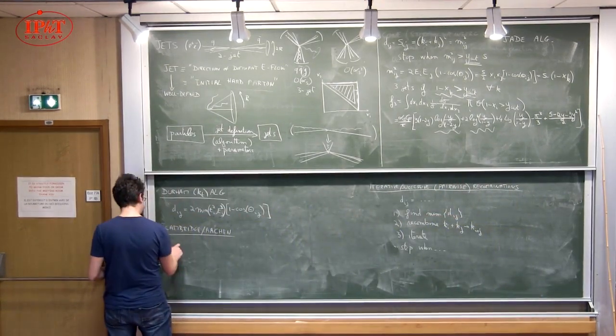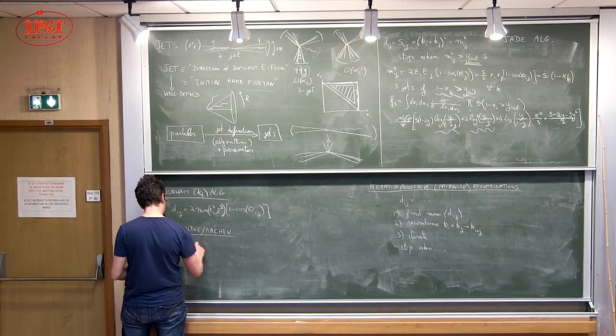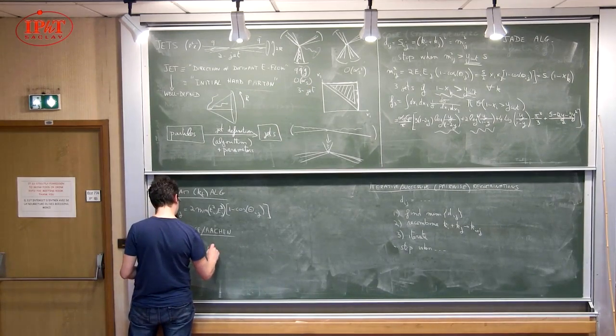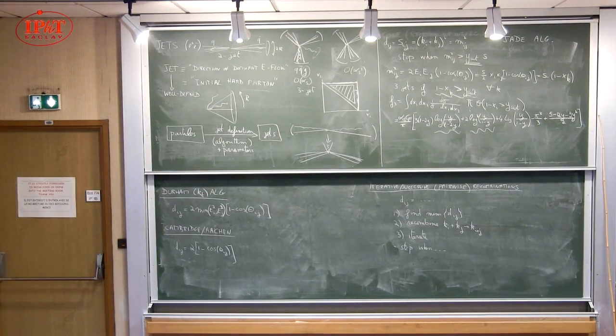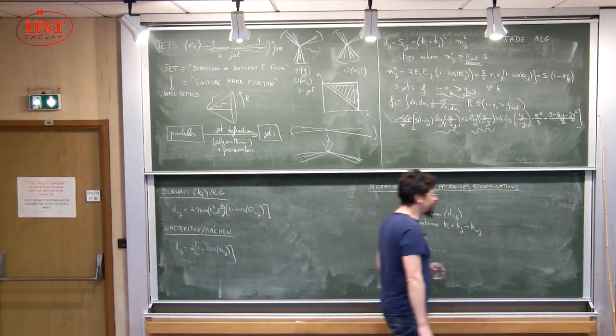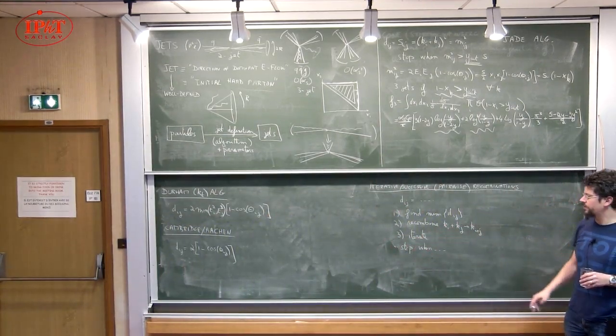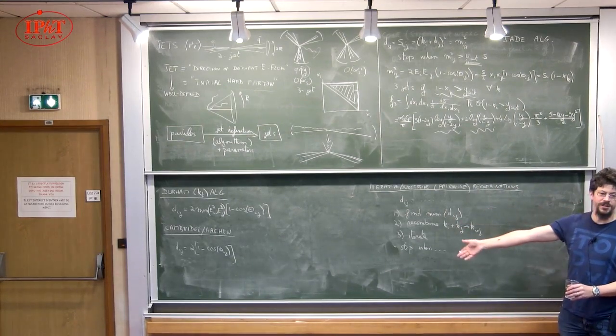So the idea here is to say that dij is 2 times 1 minus cos theta ij. And if you haven't fallen asleep for the last half an hour, you should be mad at me for writing down something like this. The main reason is because this is obviously collinear safe.